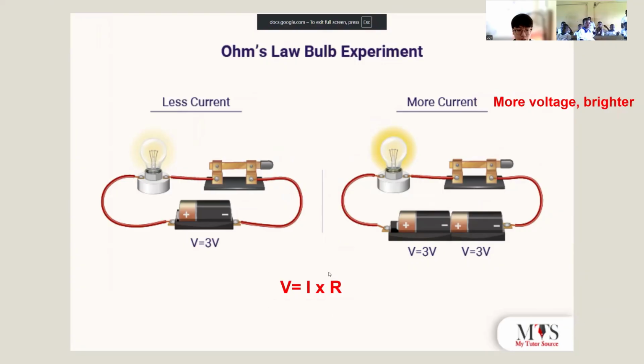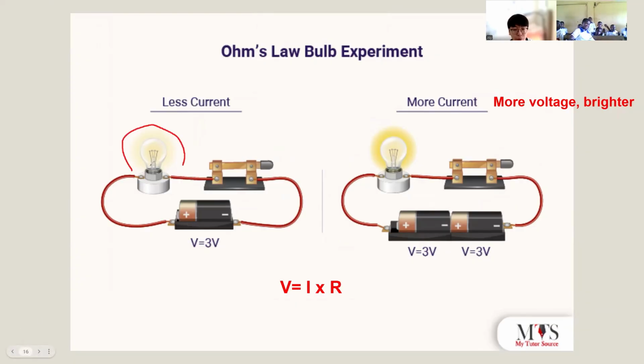Yeah, so here is an example. I want all of you to see how this is happening. Here we have one battery on the left. This battery has 3 volts, and it lights the light bulb, so the light bulb emits this much light.